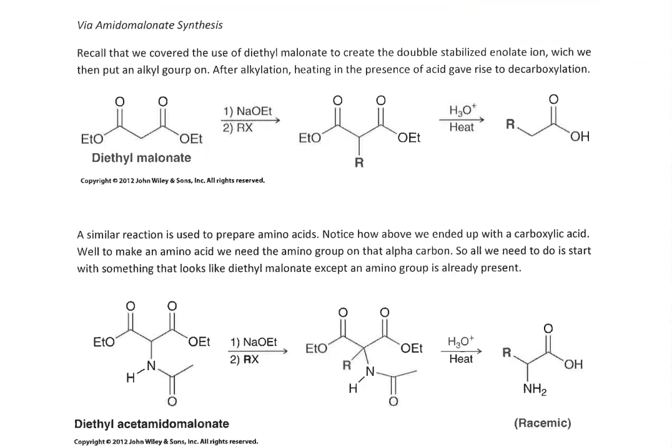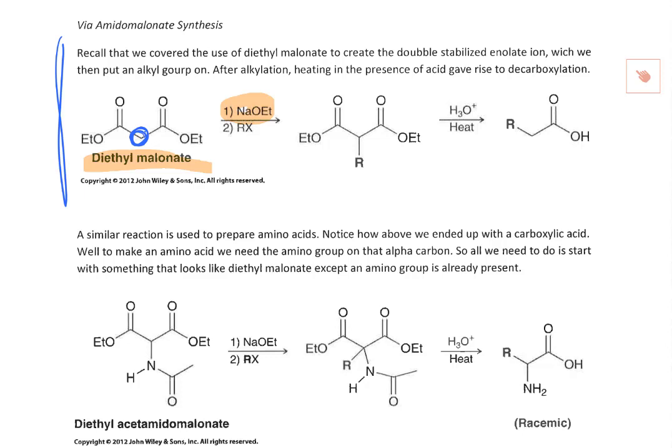In this other way to make amino acids, before we get into the way that we'll use, I want to recall something that is going to be helpful. In a past chapter, we saw that we could take something like diethylmalonate, add a base, and using that base at this position here, you end up with an enolate.